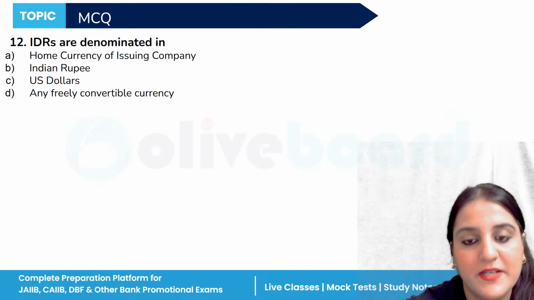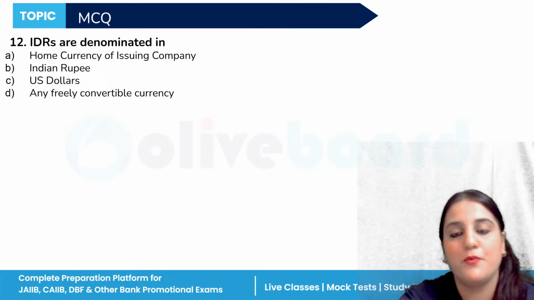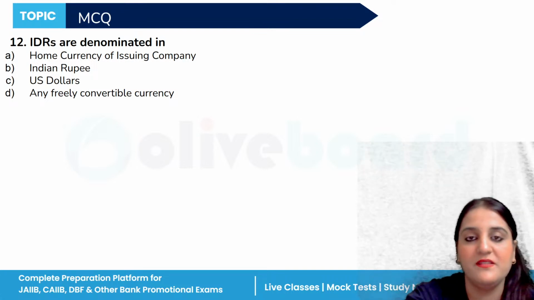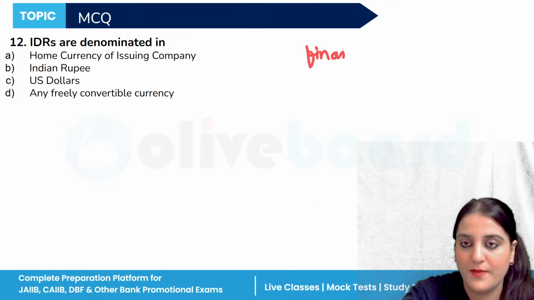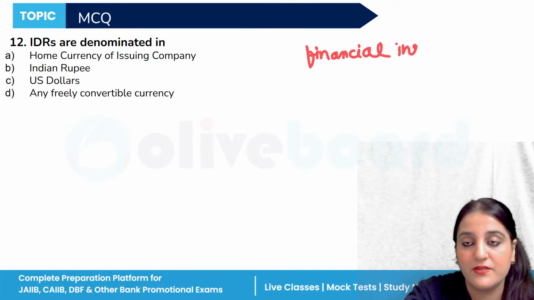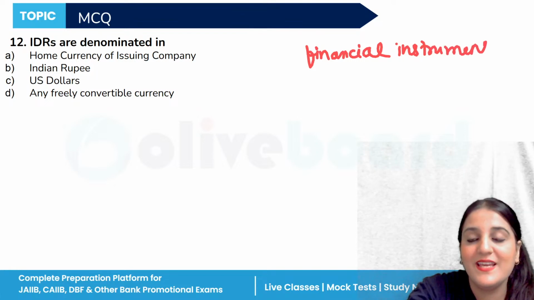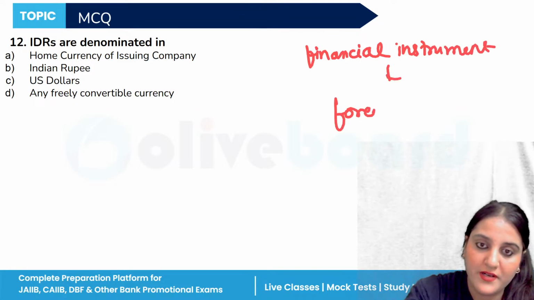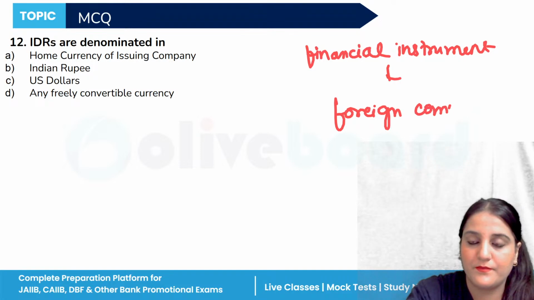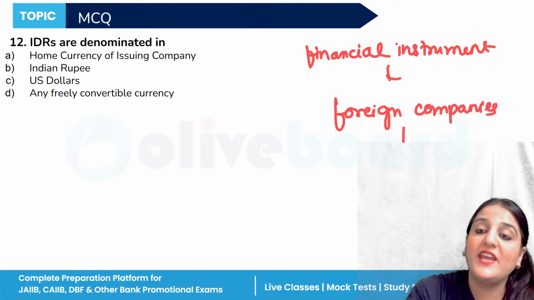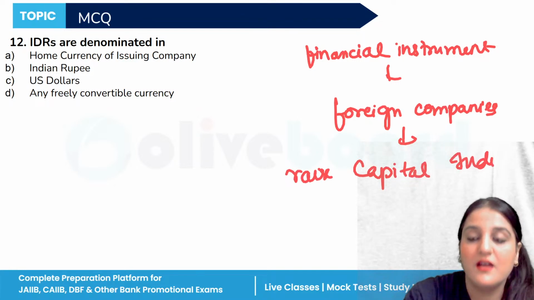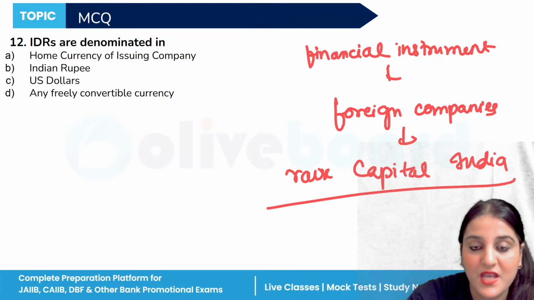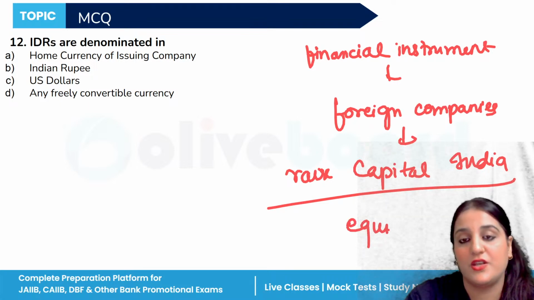IDRs are Indian depository receipts. Basically, what does this mean? These are also financial instruments that allow foreign companies to raise capital in India by issuing receipts against their equity shares.